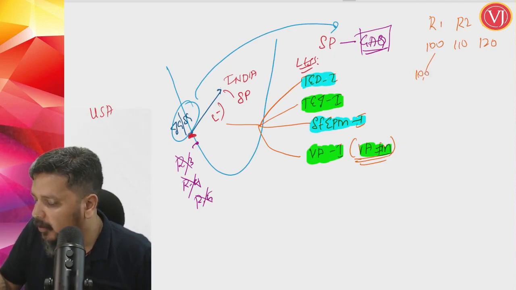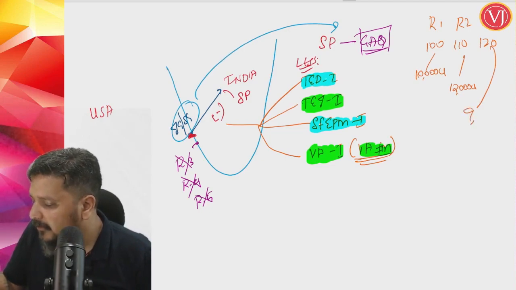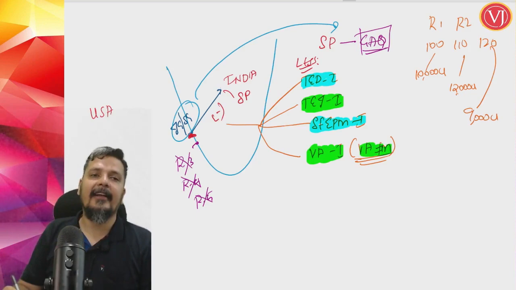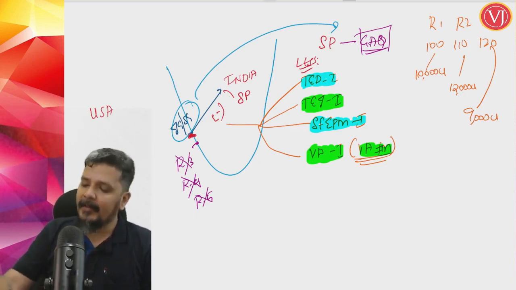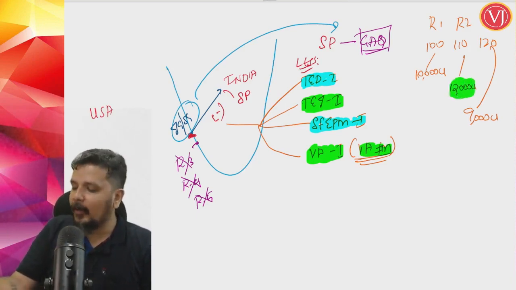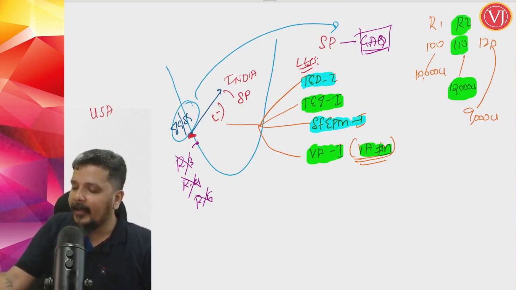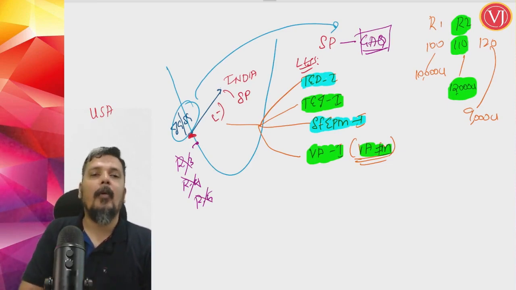At 100, 10,000 units were sold. At 110, 12,000 units were sold. At 120, 9,000 units were sold. What is the price that I'll take? The price corresponding to the greatest aggregate quantity: 110. I'll go with 110.